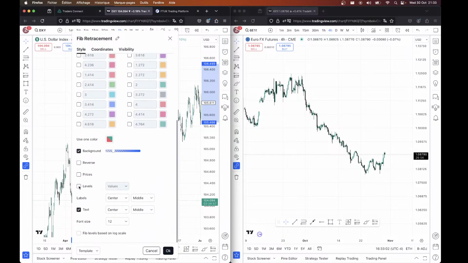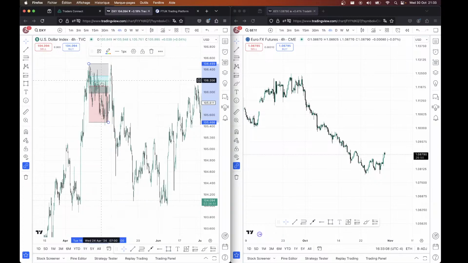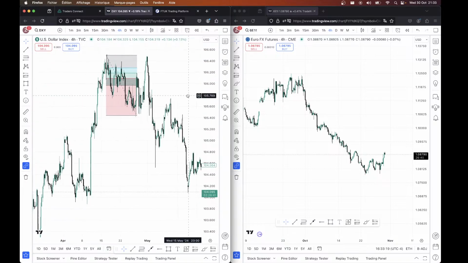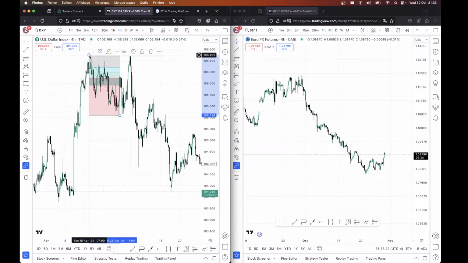I'm going to just remove the lines, so you only see the colors. So this is the colored zone of the OTE. There is the low. What I'm expecting, if this trend confirms to be a descending trend, is to see some resistance at this specific level.